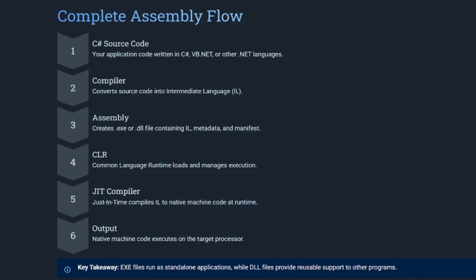And finally, the program runs and we get the output. So this is how assemblies work in .NET. They act as a core unit that packages your code and makes execution possible. And once you understand the difference between EXE and DLL, it becomes much easier to understand how .NET applications are structured. And that's all for this video.